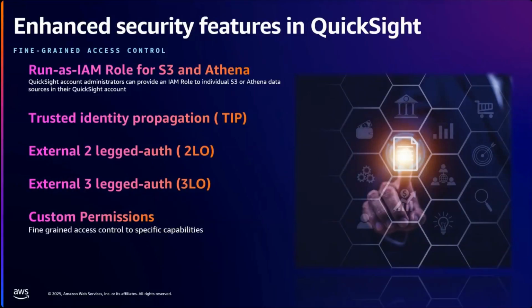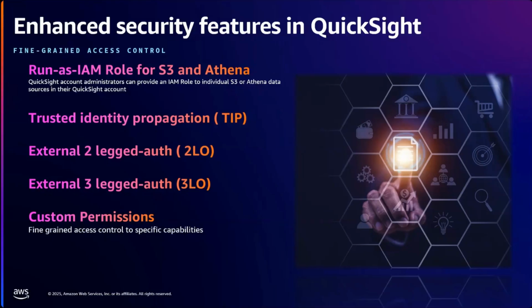How do you enable the enhanced security features? You can set up fine-grained access control. In principle, from a governance perspective, there are cases where at runtime you want to define your S3 boundaries. For example, user A, when logged in and looking at the dashboard, should be able to access data only in the respective bucket, let's say a North America bucket, while another user who logs in can only access the EMEA bucket.